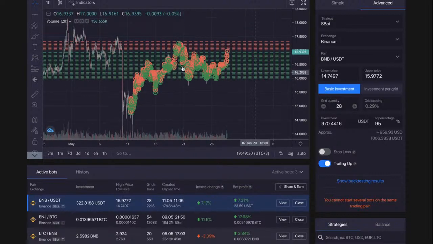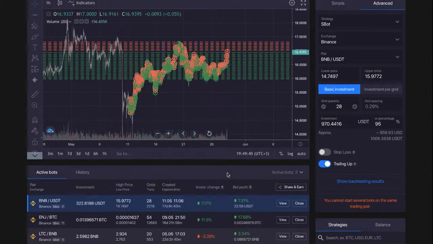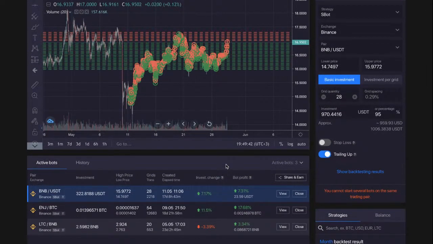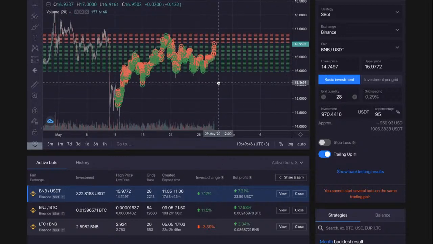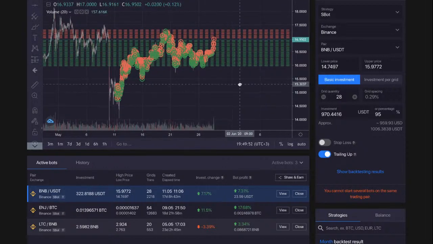So I let my bot follow the price and accumulate the profits for me almost endlessly. All right. So all I have to do is just monitor the market from time to time to see if it's still optimal to hold into this trade, or it's maybe finally time to close it and reopen it.